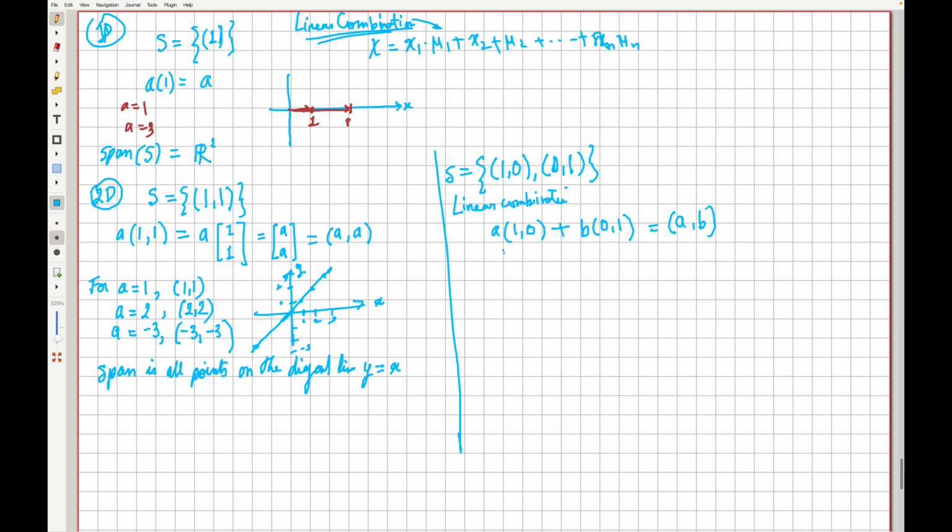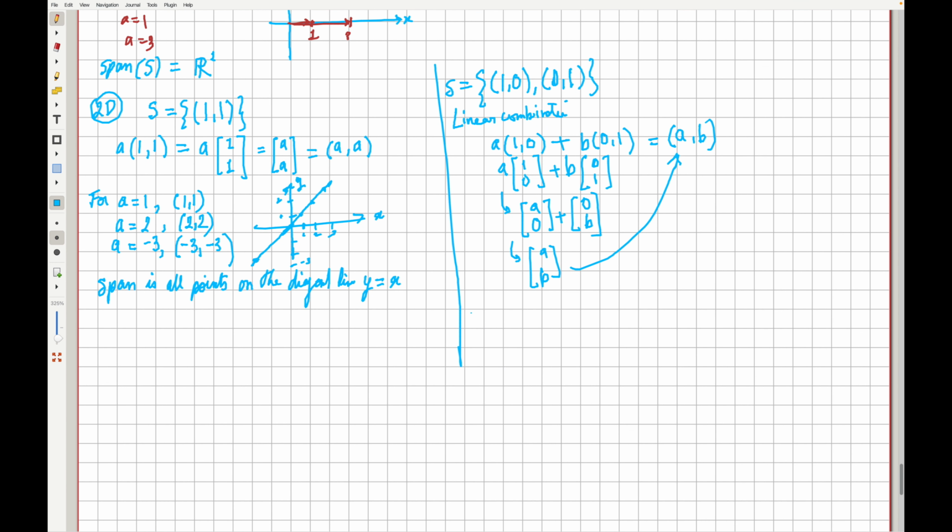And here a is 1 0, so we can write it like this. b is 0 1 like this, and so if we try to multiply this, we get a 0, and then we get 0 b, and so this essentially is nothing but (a, b), and that's what we wrote here, which is in the vector form (a, b).